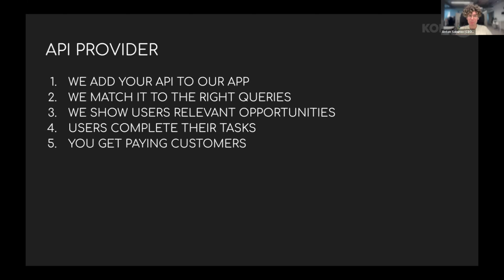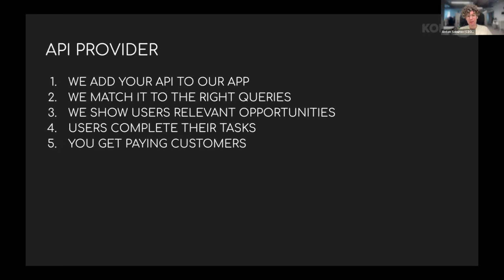The second one is about API providers. You can use our apps, our network, because we have apps nowadays for creators, for the travel segment, for the educational segment. If you have an API for such a segment, we can work with you. And if you have additional segments, for example for adults, or economics, and other things, we can build an app for your direction and promote it. Next, we match the right queries, like in the previous example, and we show users relevant opportunities.